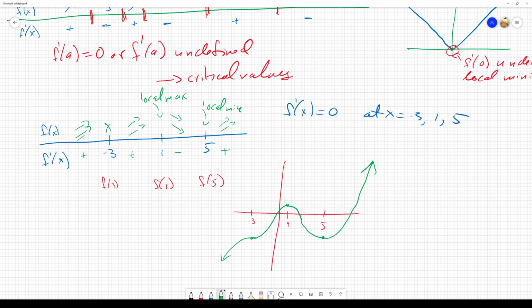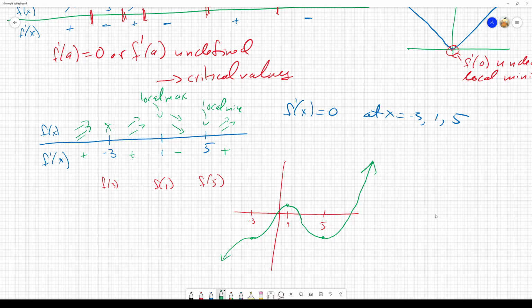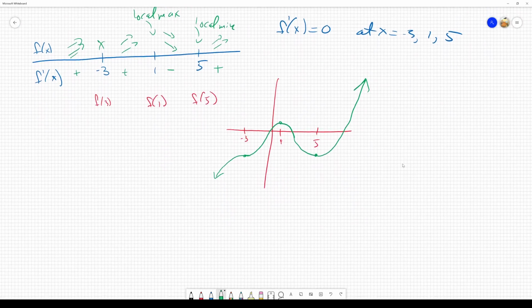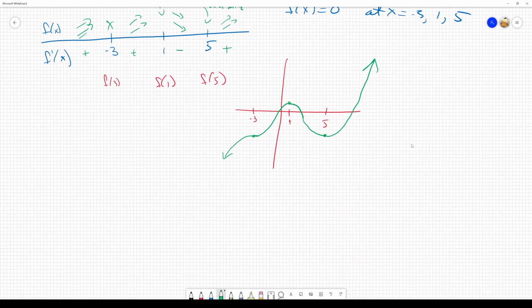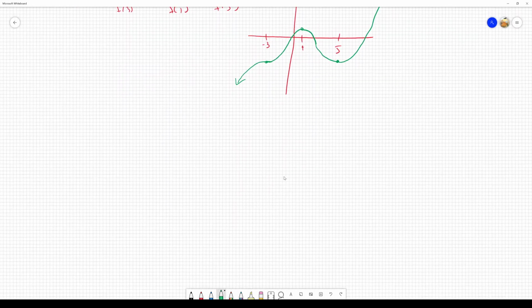All right? So let's try one more. Let's say I give you a number line. So here's f of x, here's f prime of x.